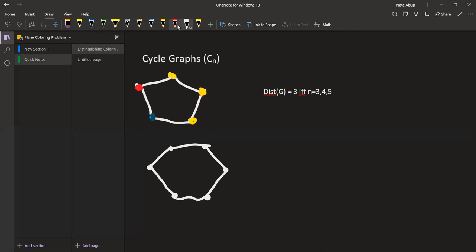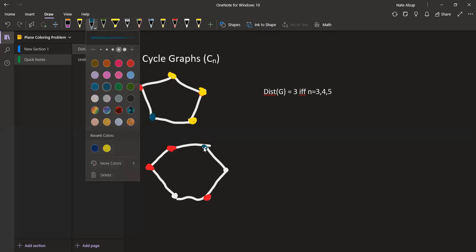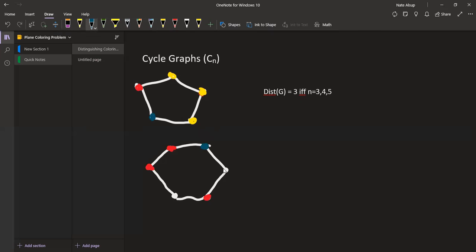The way to color it would be, let's make these two vertices red. We want to break symmetry. So obviously, with 6, we can easily divide it across the middle, so we probably don't want to make this vertex red. Let's make this one red though. All right, and let's do our different color, blue. And our last vertex would be this one.